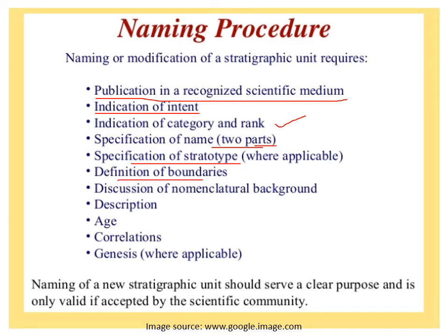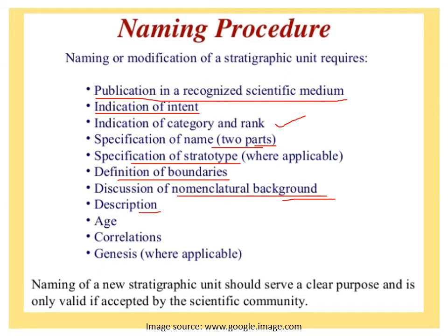The boundary should be distinctly demarcated and illustrated so that I can separate it from the adjacent litho units. And discussion of nomenclature: the background on which basis I give those litho units a particular name.